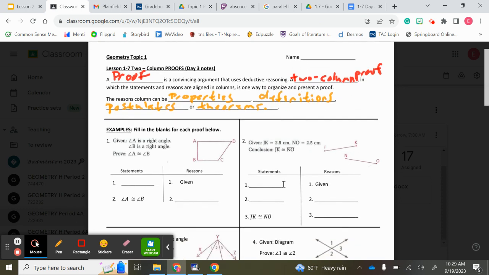So that sheet I just gave you contains a lot of properties, definitions, postulates, theorems that you can use for proofwriting. Hold on to that. Don't lose it. Okay?